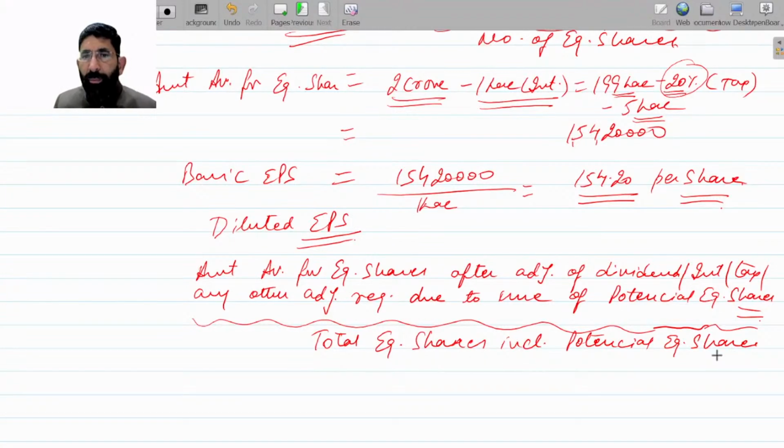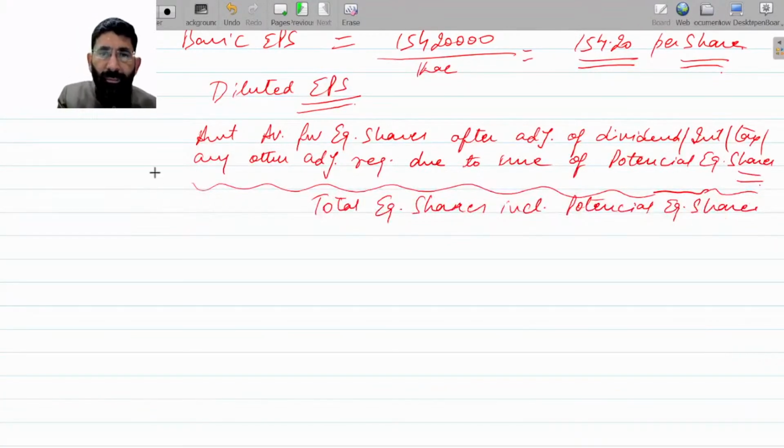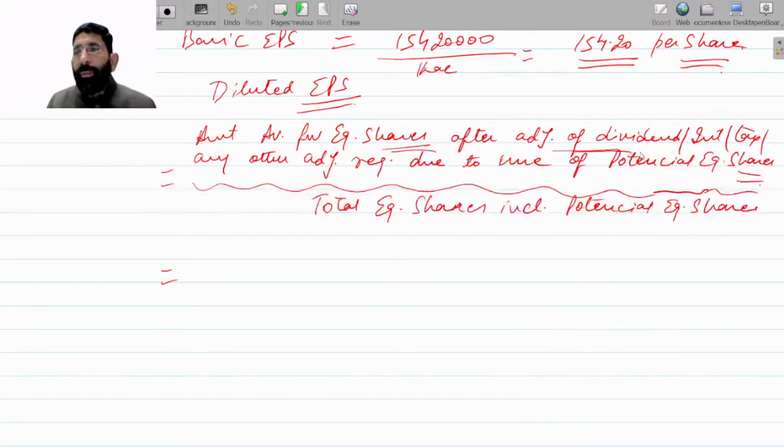So again, it is very simple. Amount available for equity shareholders after adjustment of dividend, interest, tax.